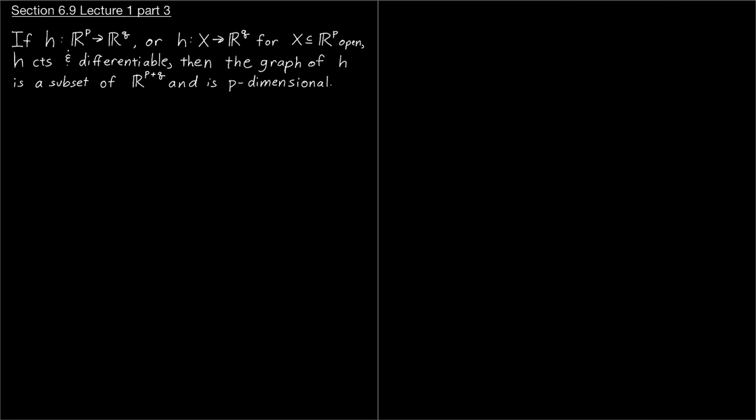Remember we said that if you've got a continuously differentiable function f from Rp to Rq, then its graph is always going to be a p-dimensional subset of Rp plus q. I don't want to tell you what p-dimensional means precisely. It's going to match up with your intuitive notion, but just point out that the graph of a smooth function is always going to be p-dimensional. Things are a little bit more complicated when talking about level sets.